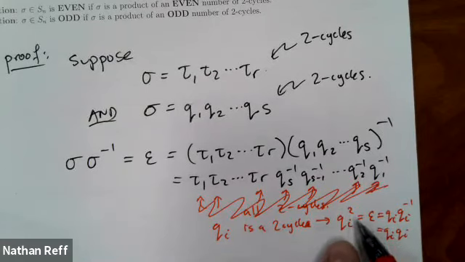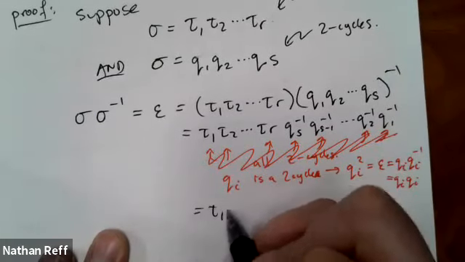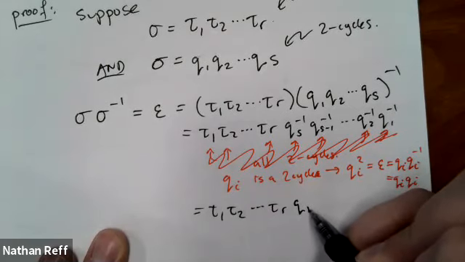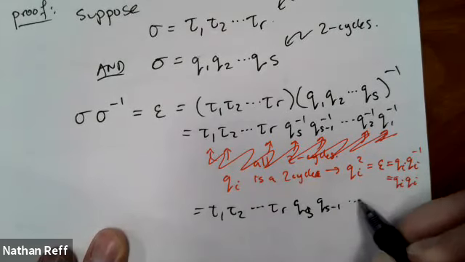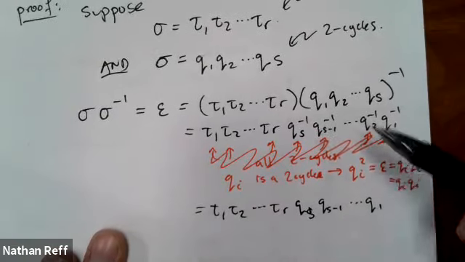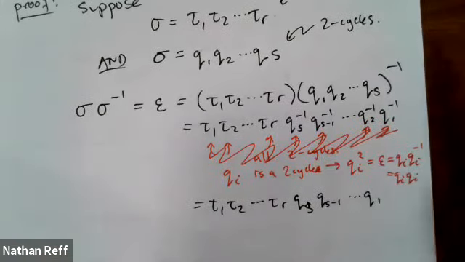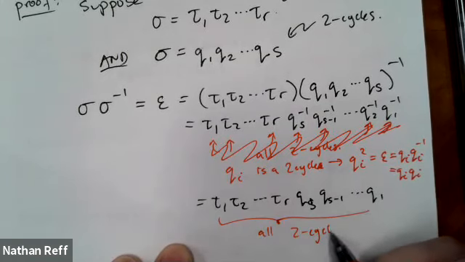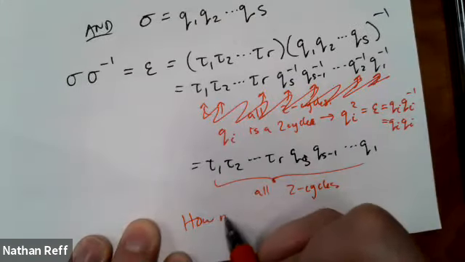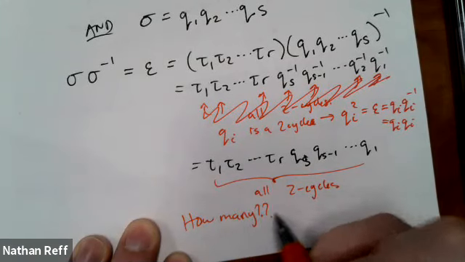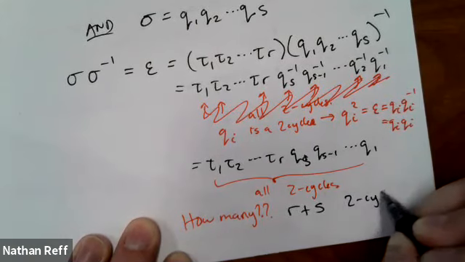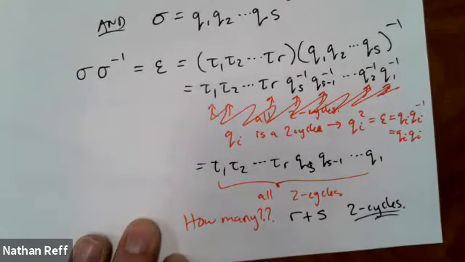If it's a two cycle, the square is the identity, so it's its own inverse. So what that means is you have tau 1, tau 2 up to tau r, Qs, Qs minus 1, all the way down to Q1. The inverse is itself. And now I hope you agree that these are all two cycles. And how many do you have? You have r plus s, right? Do you agree with that?